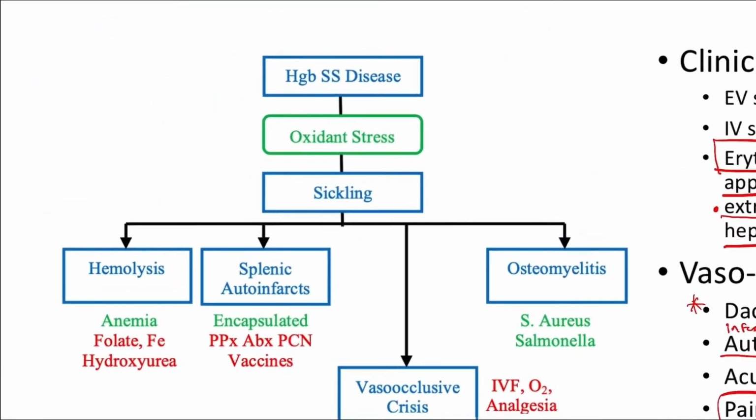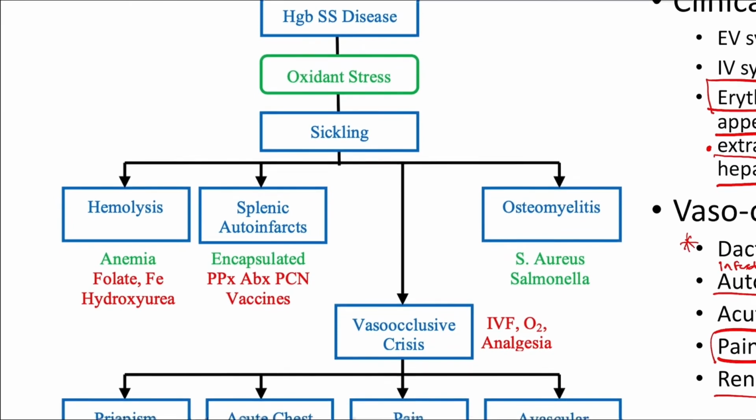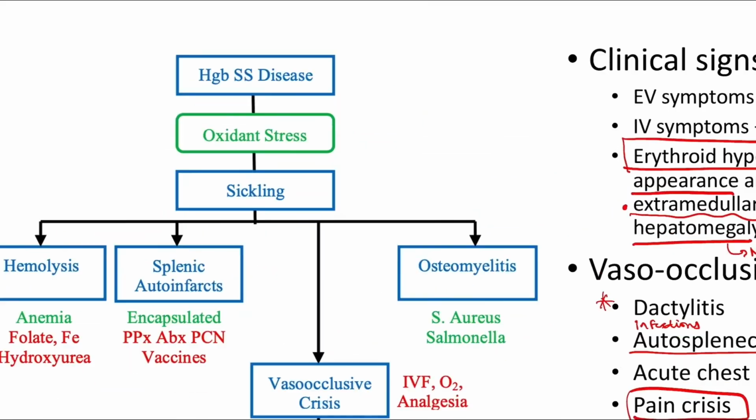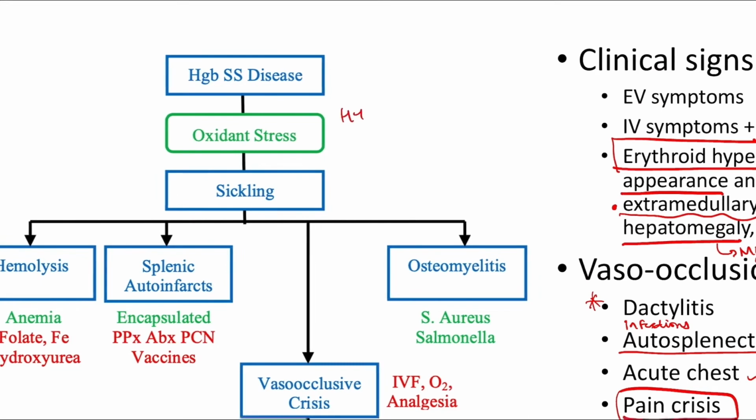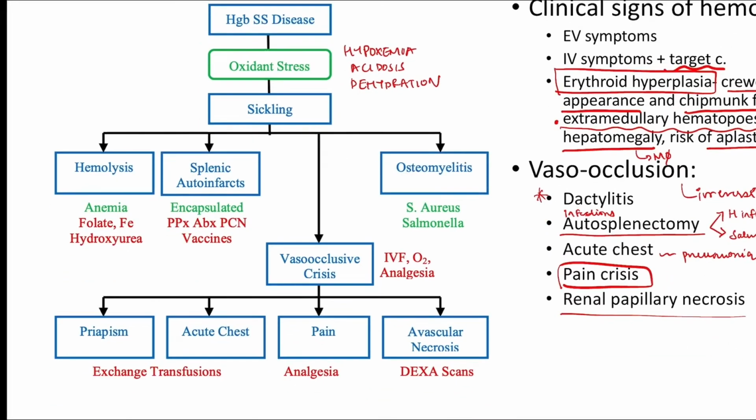So again, looking at this diagram, we can see that when the person has sickle cell disease, you have an oxidant stress, which could be, like I said, hypoxemia, acidosis, dehydration. The hemoglobin S would undergo sickling, which would cause the RBC shape and size to change.